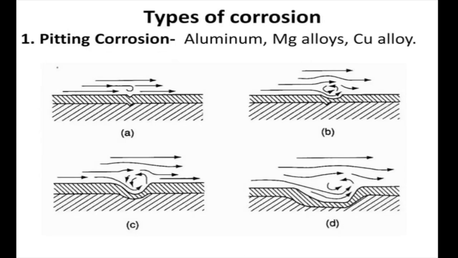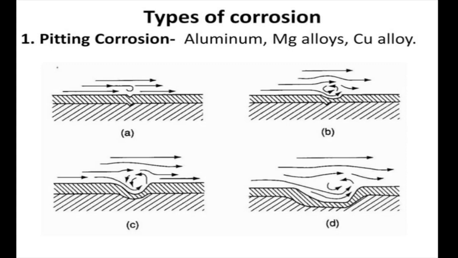Now, pitting corrosion. What exactly is going on? Aluminum, magnesium alloy and copper alloy are very common metallic materials for this type of corrosion. We can see four different figures: there is a layer at the top of the metallic material and there is a small pit.